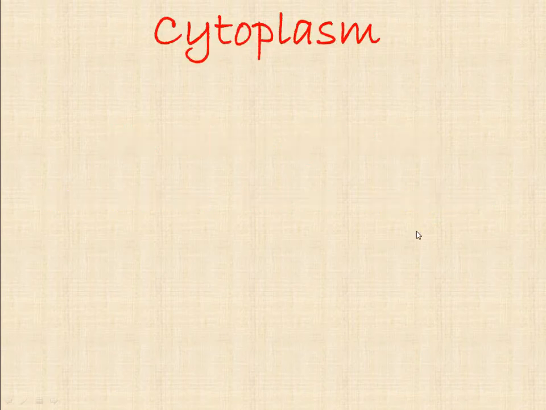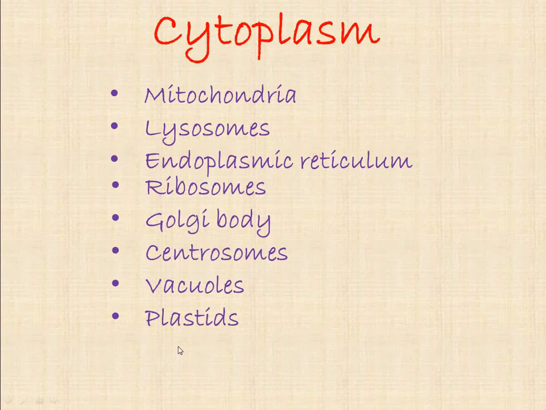But as we know, cytoplasm has various kinds of organelles: mitochondria, lysosomes, endoplasmic reticulum, ribosomes, Golgi body, centrosomes, vacuoles and plastids. In the previous sessions, we have covered mitochondria, lysosomes, endoplasmic reticulum. In this session, we will cover all these remaining organelles. So let's start and learn about these organelles one by one.